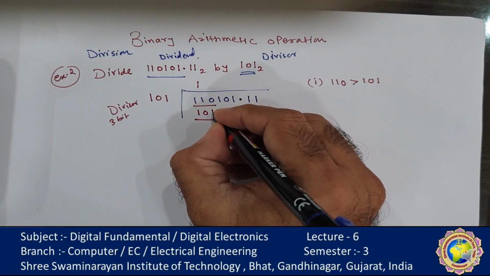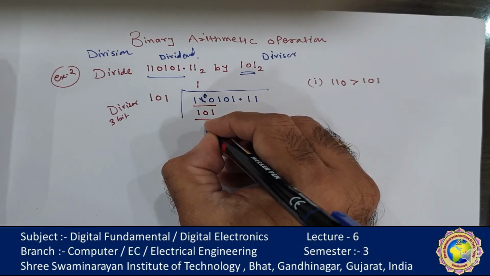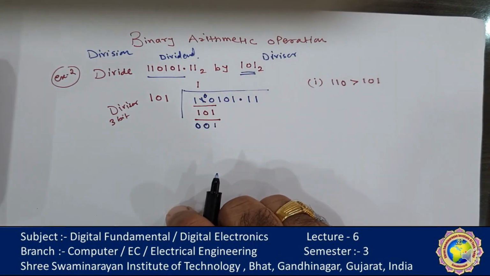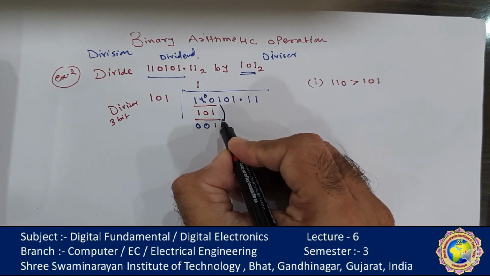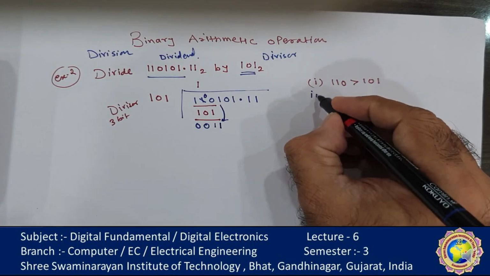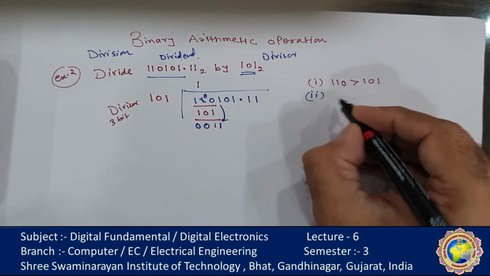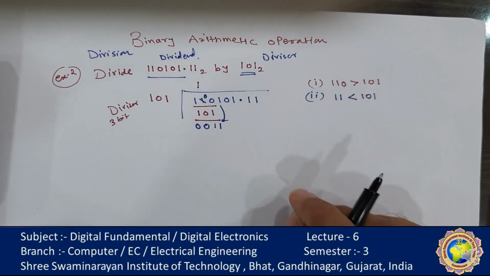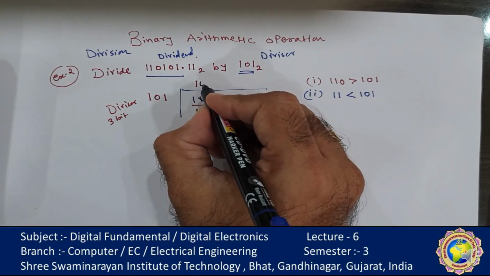So 0 minus 1, difference is 1, with borrow. 0 minus 0 is 0, 1 minus 1 is 0. Now I will take 1 here, so this will become 11. So 11 is less than 101, it cannot be multiplied.